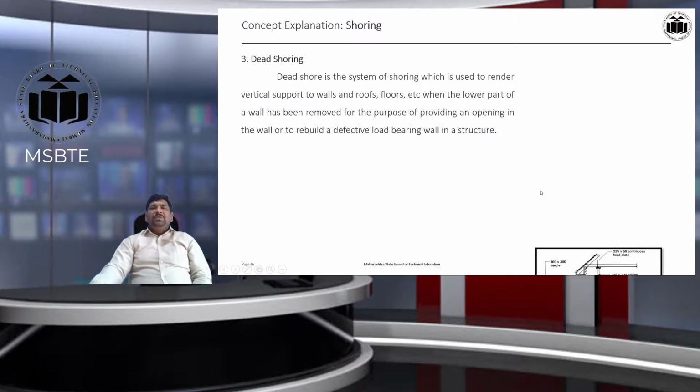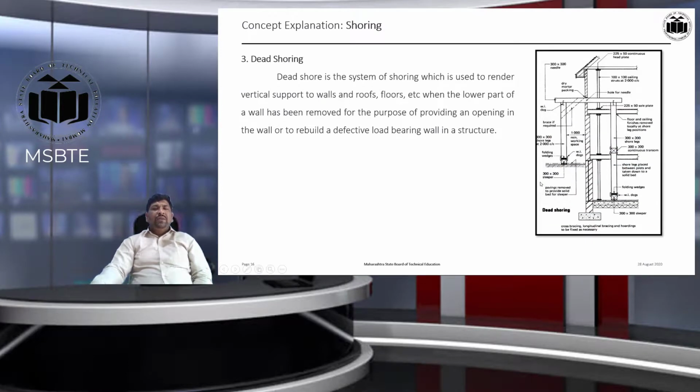The last method is dead shoring. Dead shoring is the system of shoring used to render vertical support to walls, roofs, floors, etc., when the lower part of the wall has been removed for the purpose of providing an opening in the wall or to rebuild a defective load-bearing wall in a structure.